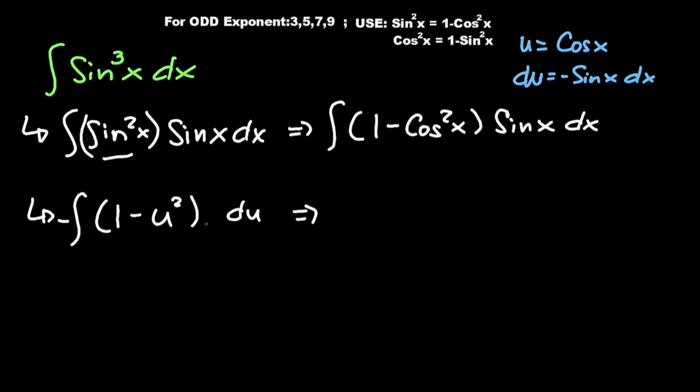And so, by integrating this, we would have the integral of 1 du would be u, and the integral of u squared would be u to the power of 3 over 3 plus c.